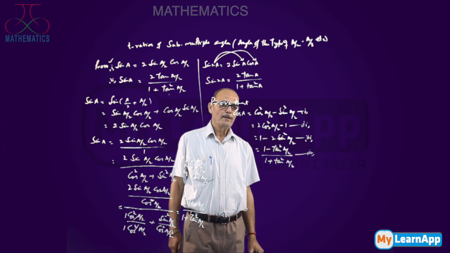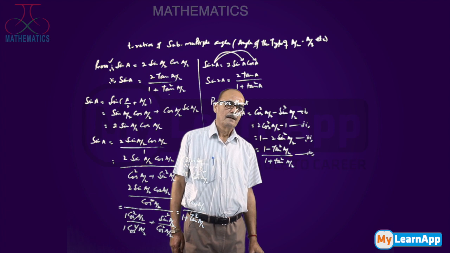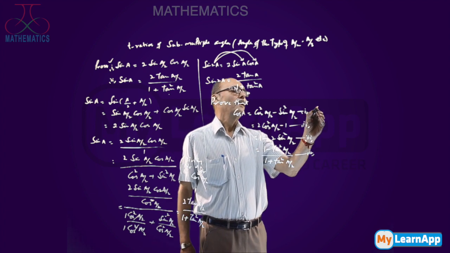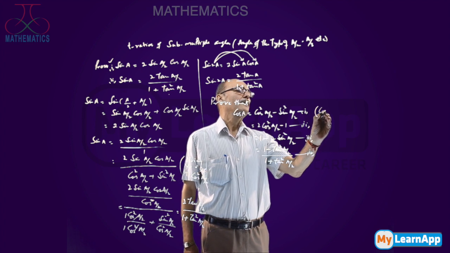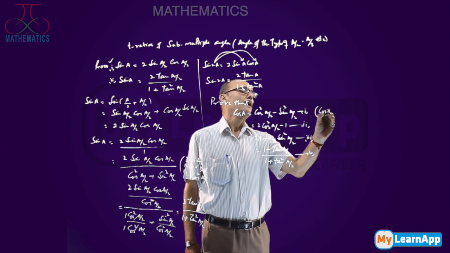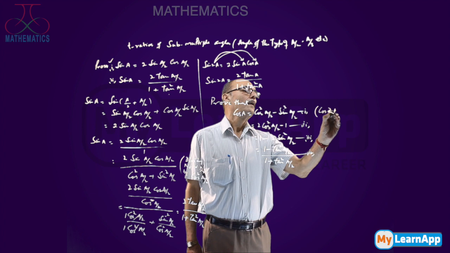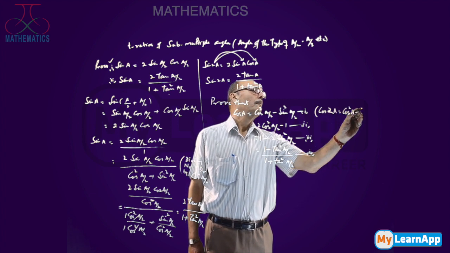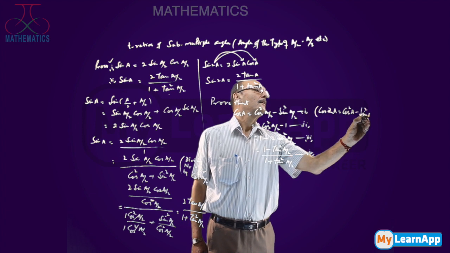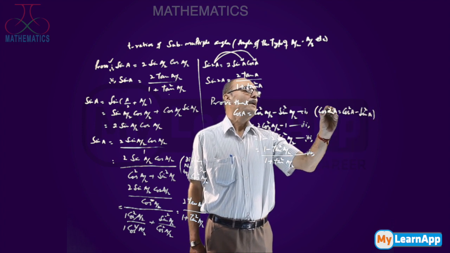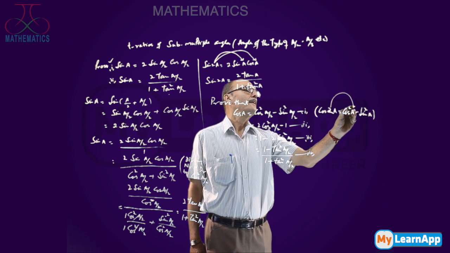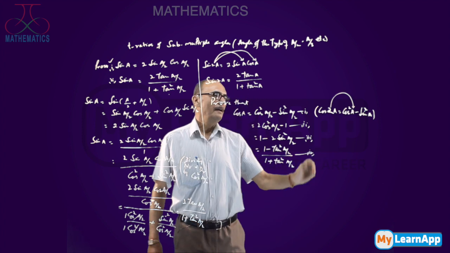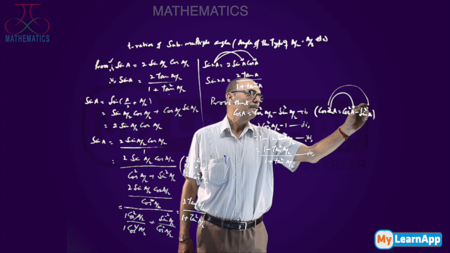I leave the proof of this result, but we can compare the result with this: cos 2a is cos square a minus sine square a. If it is 2a, half of this will come with cos square a and half of this will come with sine square.